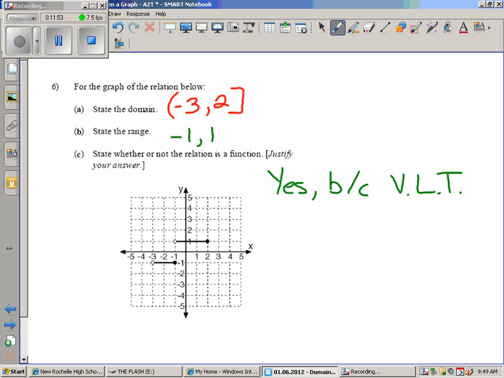How do you not do a bracket? No brackets. If there's just a point, you're just using normal numbers. Suppose you're just talking about that point right there.